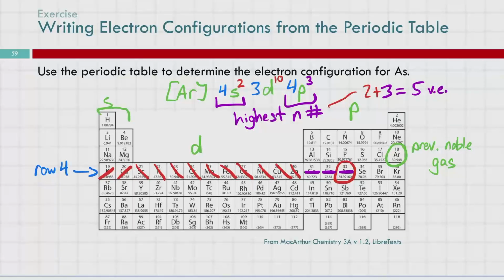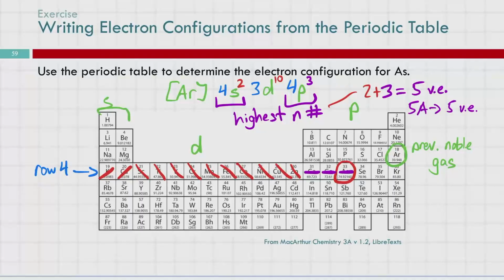The other way that we can figure it out is just based on the column that it's in. So our A designation columns start in the first column, 1, 2A. We skip the D block, 3A, 4A, 5A. So 5A means 5 valence electrons.